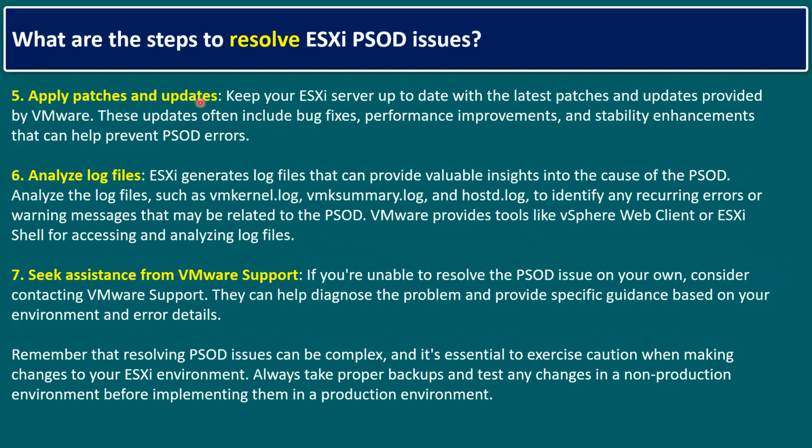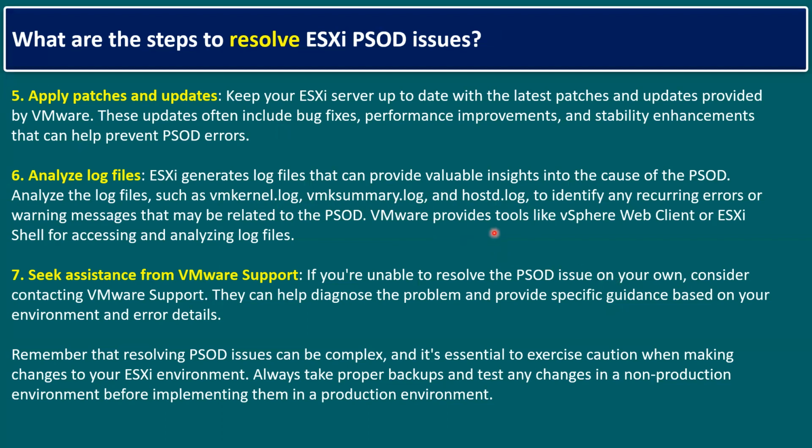And analyze the log files. In some scenarios we can find the issue and how to resolve it based on the error messages in the log files. As we know, the most common log files in ESXi are vmkernel.log, vmksummary.log, and hostd.log. Within these three logs, we can find some clues to investigate the PSOD issue further.